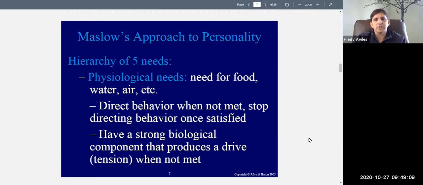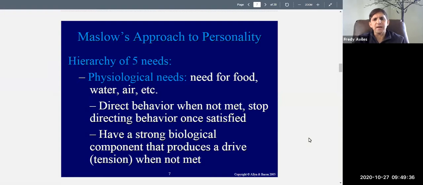So your physiological needs need to be satisfied first, okay? You need food, you need water, you need air. I talked about that. If you don't get enough food, you're gonna die within probably 3 weeks. If you don't get enough water, you'll probably die within 3 days. And if you don't get enough air, you'll probably die within 5 minutes or something like that.